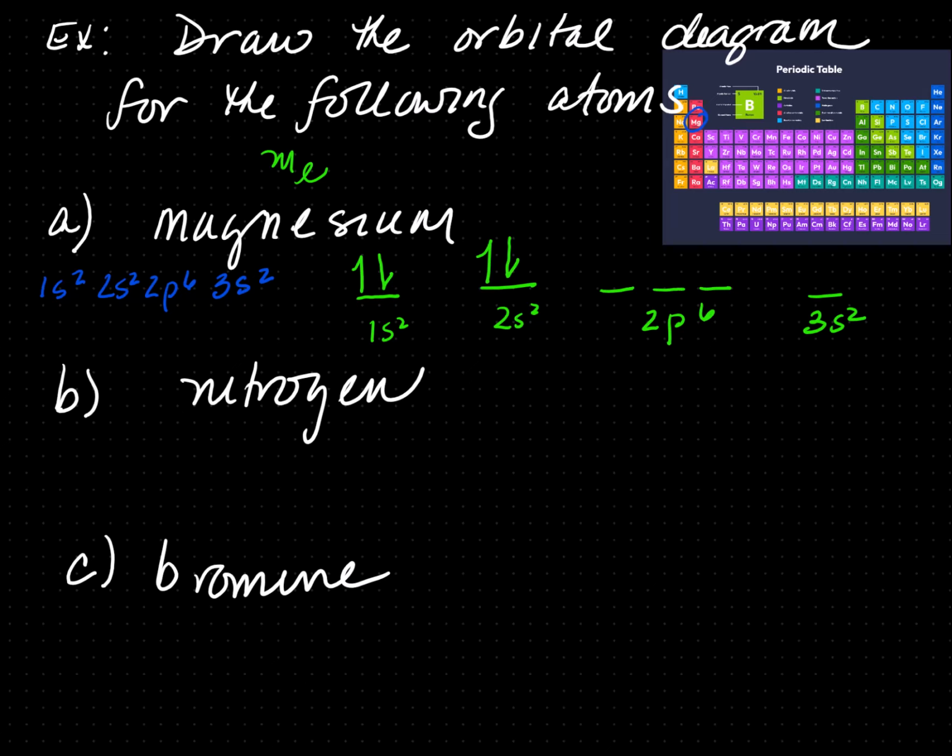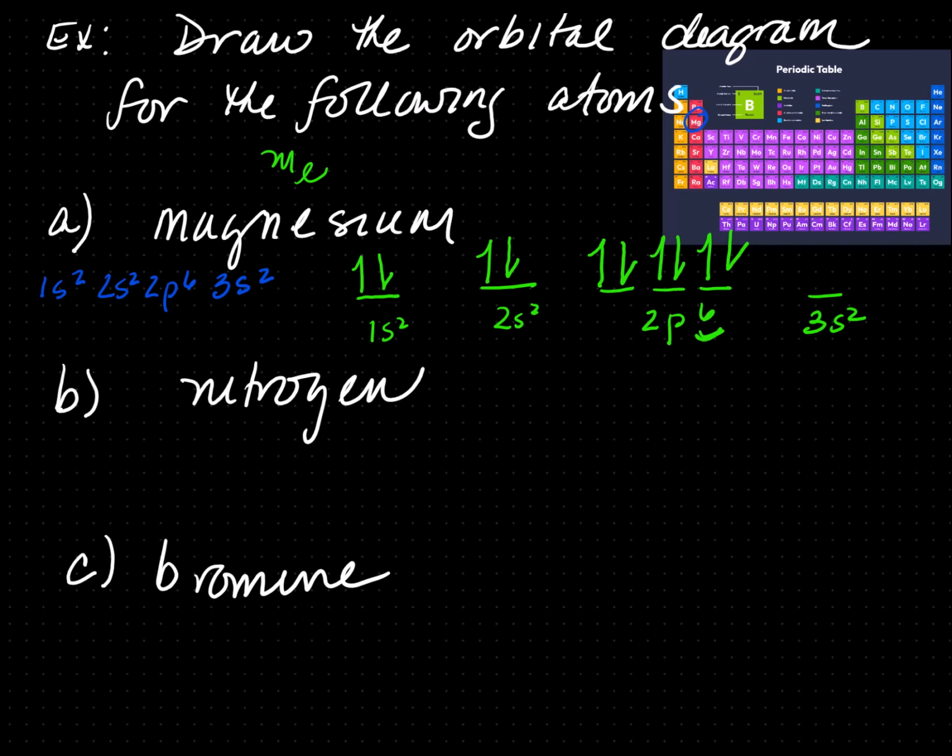Since there are 3 orbitals, I put 1 electron in each orbital to minimize electron repulsion. Then I go back and pair them upside down using the Pauli exclusion principle. I'm going to fill all 6 because I need 6 electrons here.